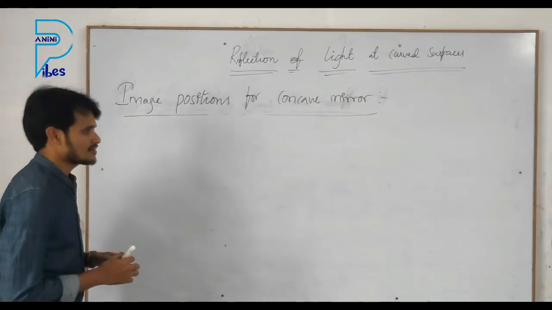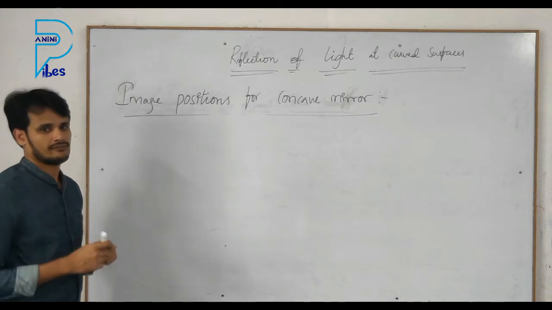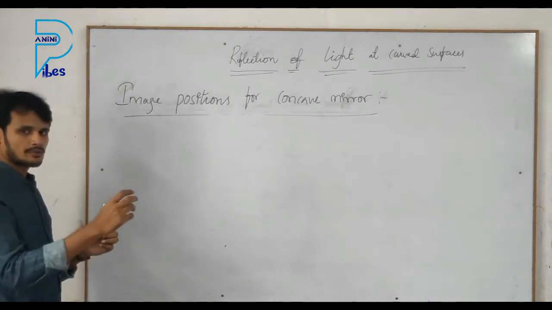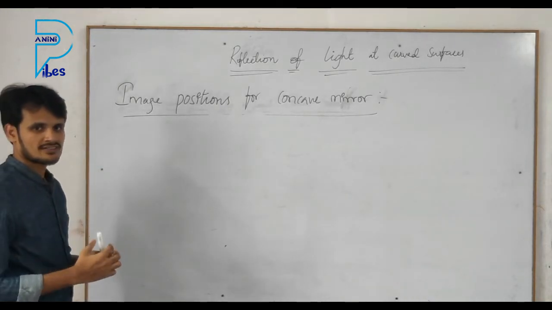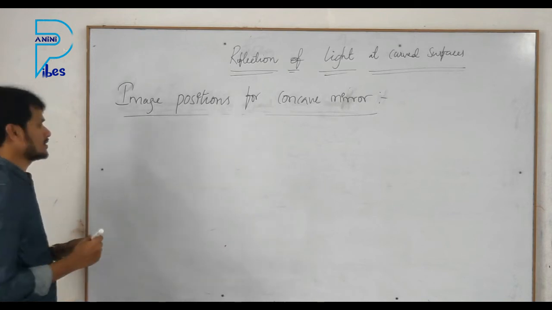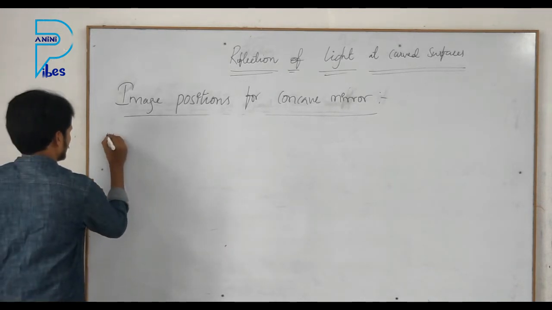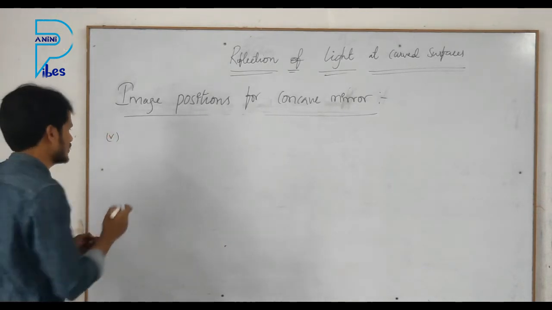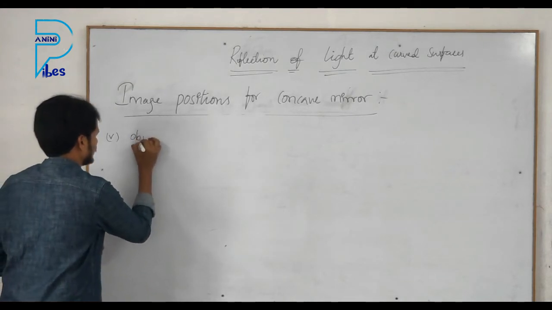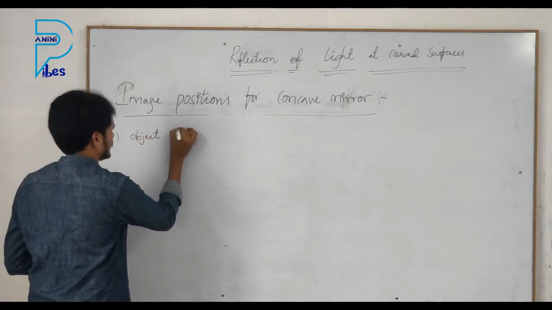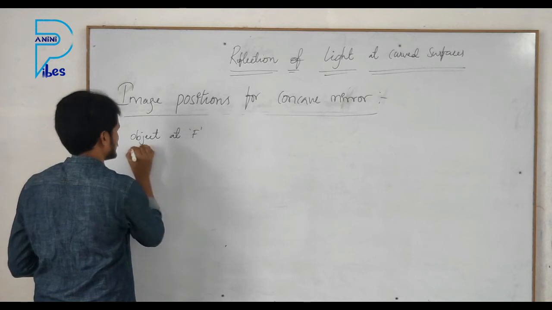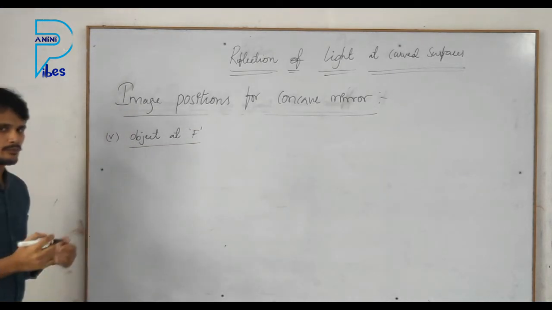Next position is object at F. So just now we have completed object between F and C, image formed beyond C. And the fifth position is the object placed at F. If you are placing the object at focus, what happens? Let's see.